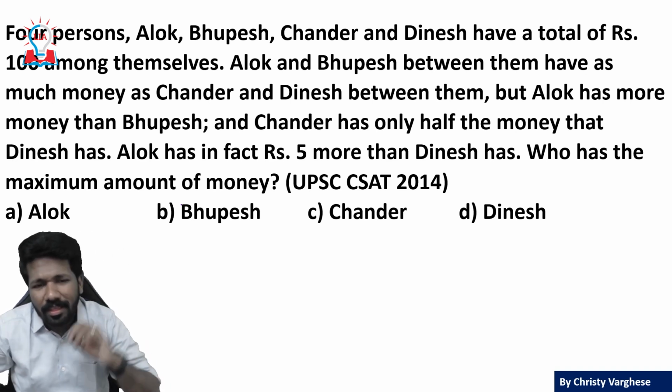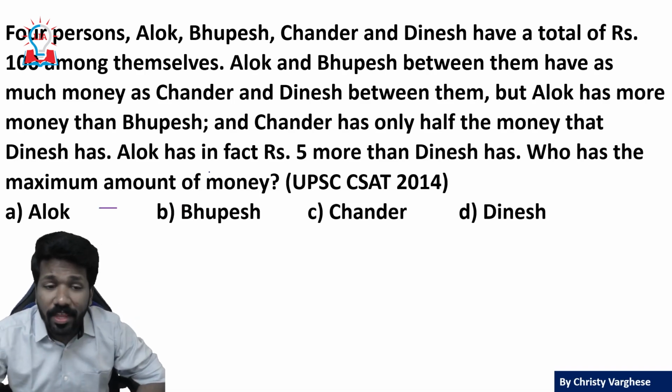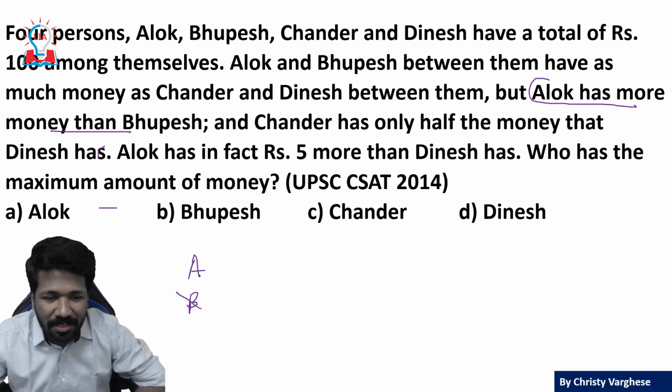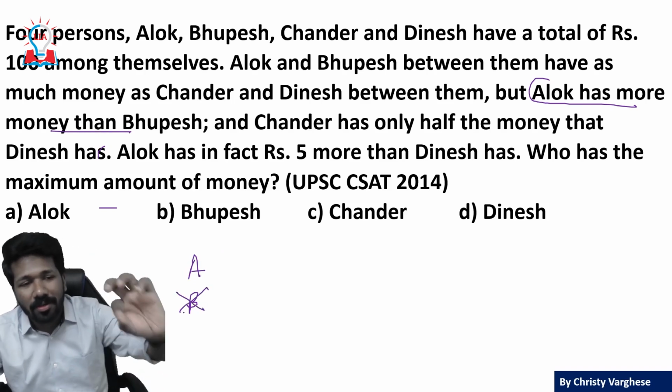So, in the rejection approach, this can be done very easily without any calculation. How? Look at the second part of the second sentence. Alok has more money than Bhupesh. That means Bhupesh cannot have the maximum amount of money because Alok is already having more.